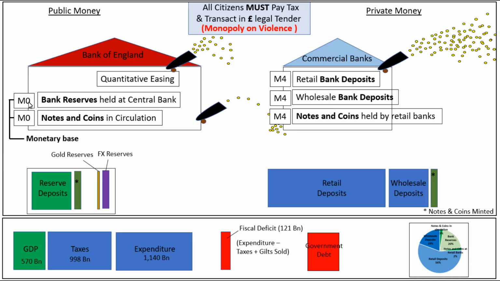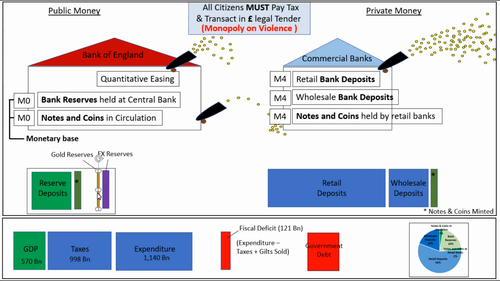So, of course, according to the UK definition, this public money is known as M0, or the monetary base, and the retail bank deposits, wholesale bank deposits, and notes and coins held by retail banks is known as M4. Here we see the comparative difference where the majority of the money supply is private money.